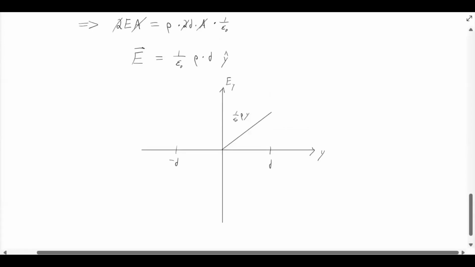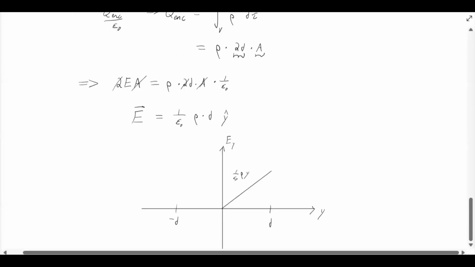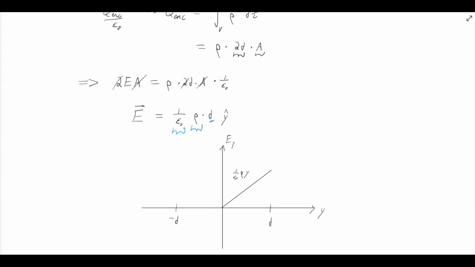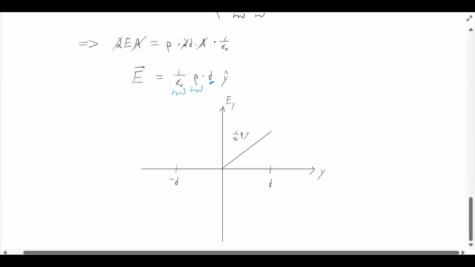But once we hit this boundary d, we have another equation that we just described. Same as before, the 1 over epsilon naught is a constant, rho is a constant, but d is now also a constant because it is the width of the infinite slab.